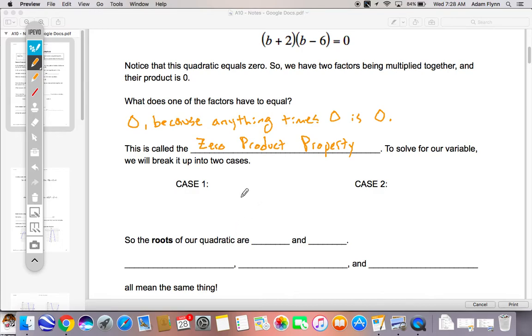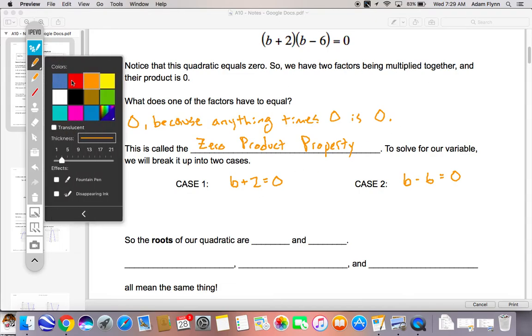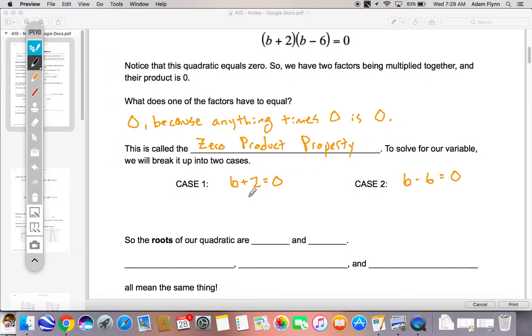So we've got case 1, as we just discussed, b plus 2 could equal 0. So I'll take this factor and set it equal to 0. In case 2, we would have b minus 6 equals 0. So now I'm going to solve. So for b plus 2 equals 0, to get the b by itself, we would subtract 2 from both sides.